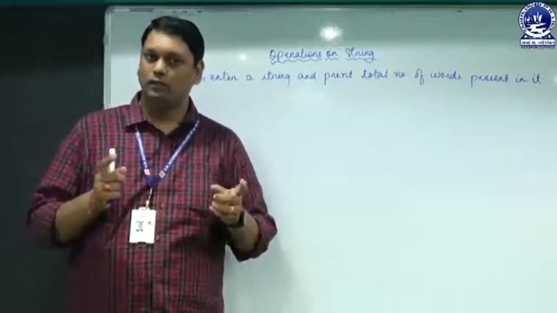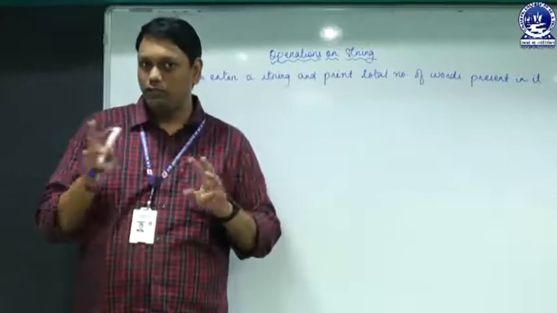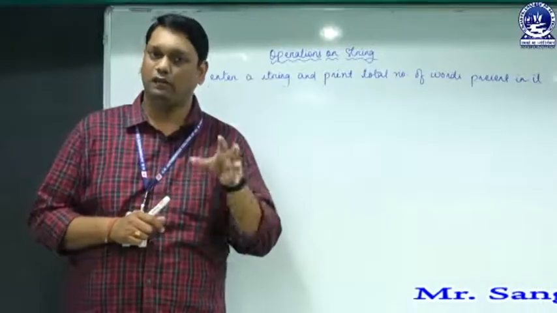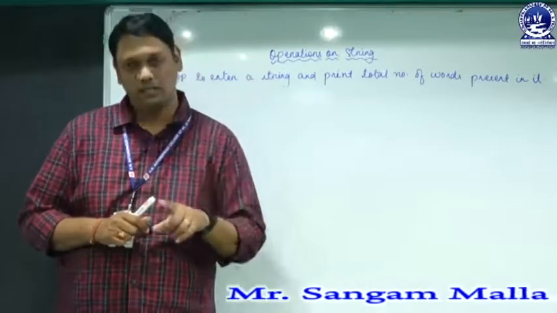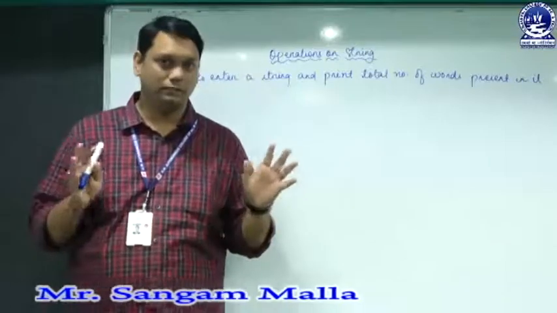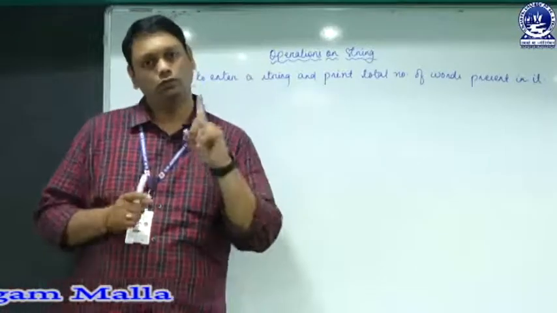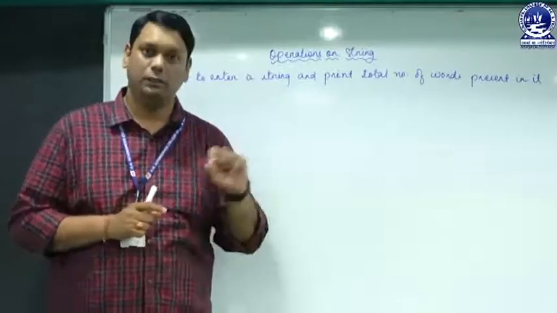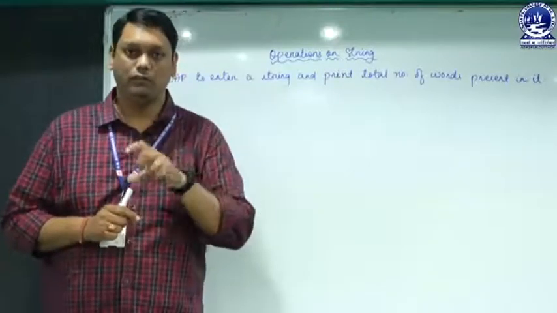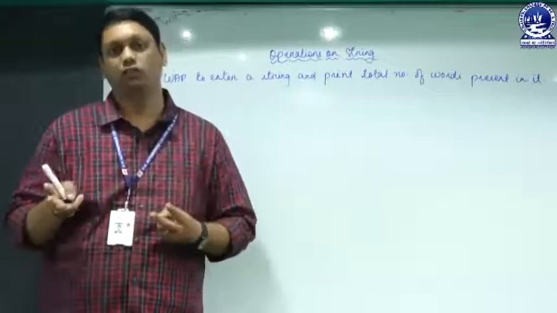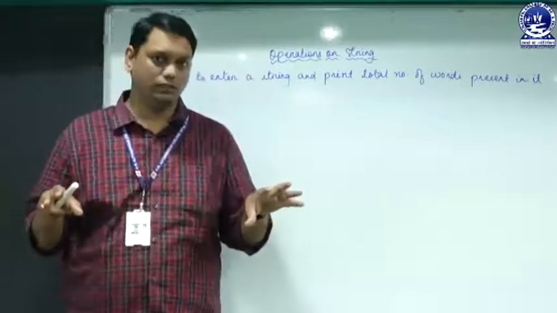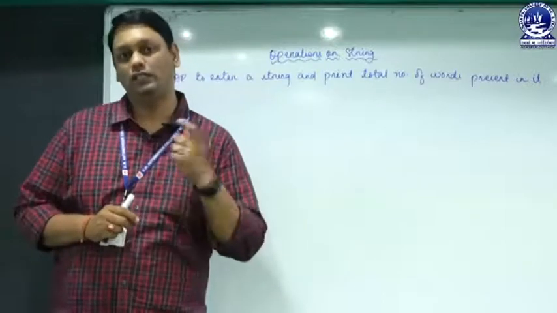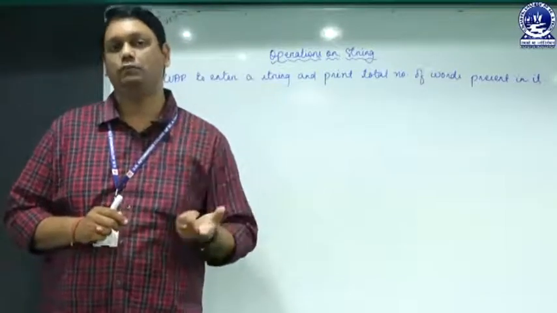But you can consider that in between the 3 words there are only 2 spaces. That means we have to calculate the number of spaces, and whatever sentence it may be, the number of words is always 1 more than the number of spaces. That means in the sentence I love India we have 2 spaces but 3 words. So you can consider any sentence; the number of words is 1 more than the number of spaces.